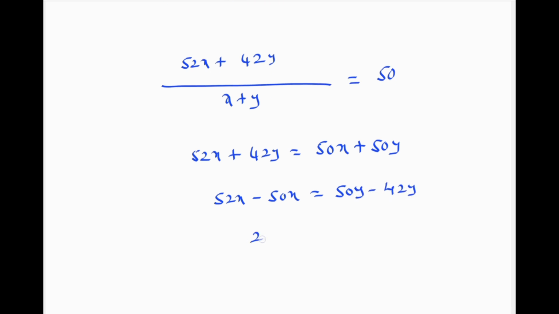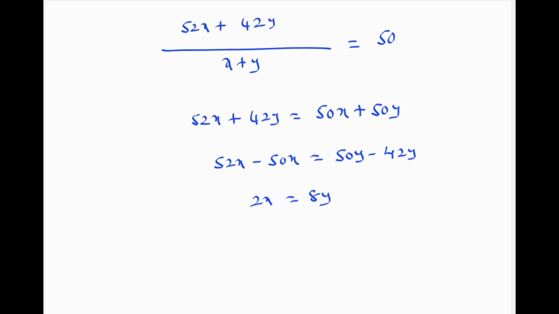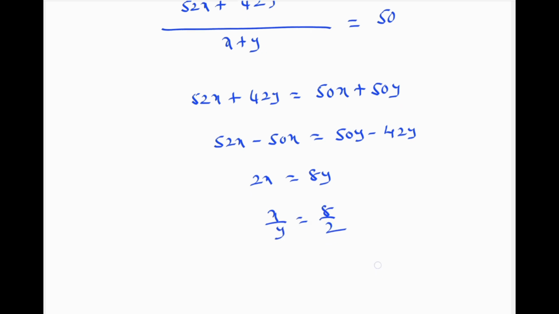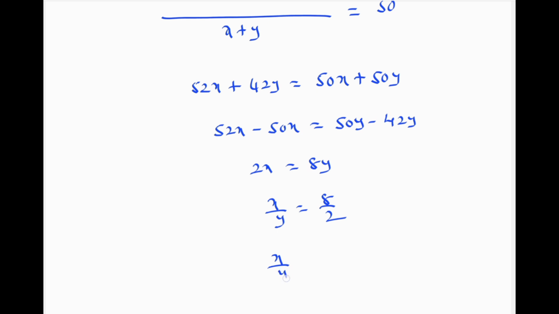So 2x is equal to 8y. We can write it as x by y is equal to 8 by 2. Therefore x by y is 4 by 1.